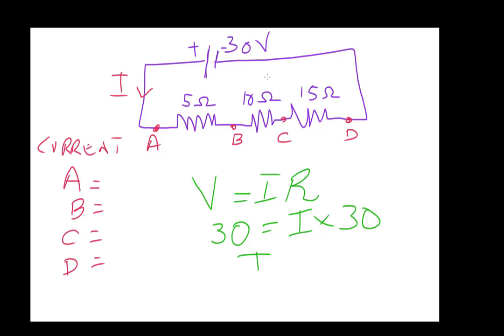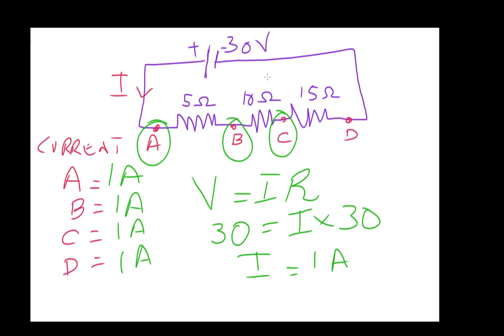So our current is equal to 1 amp. The answer is quite straightforward. We have 1 amp across all four different points, A, B, C, and D. I want to make sure you understand this: for resistances in series, the current that flows through them will be the same across all points. It's not going to be any different.